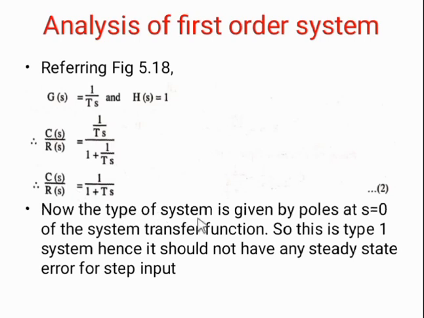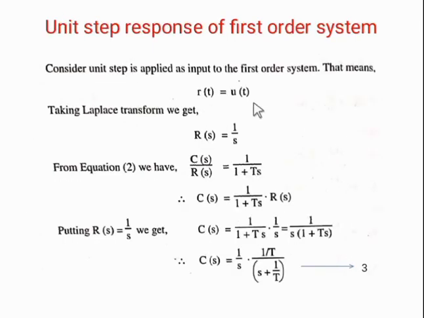Now the type of system is given by the number of poles at s equal to 0 of the system transfer function. So this is a type 1 system, because in the denominator the power of s is 1. If it is a type 1 system, the steady state error for a step input is 0. Because the steady state error for a step input is 0, we consider only the unit step response.